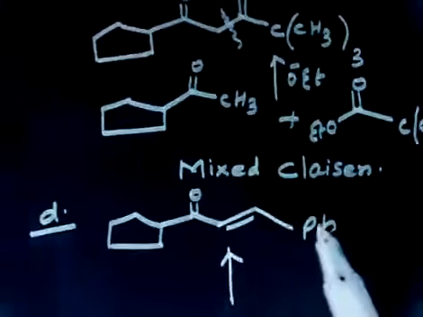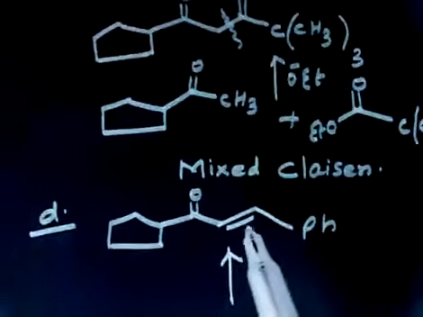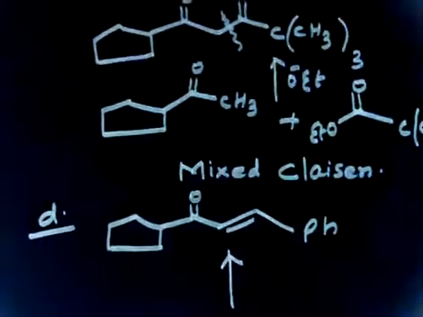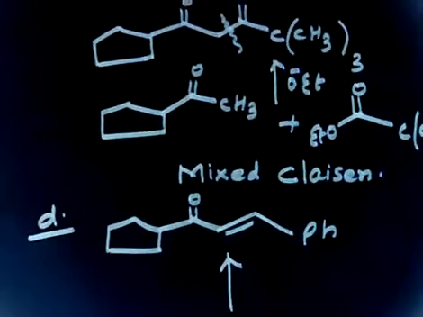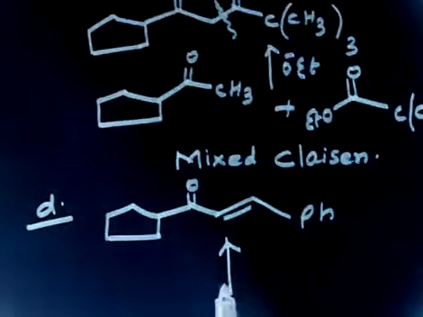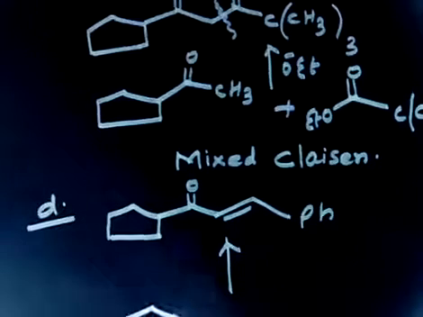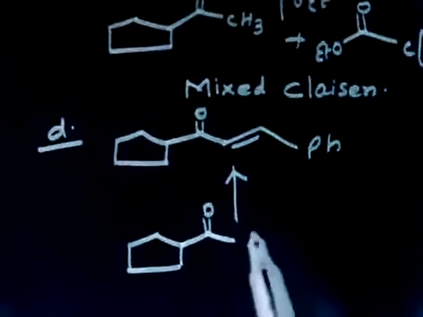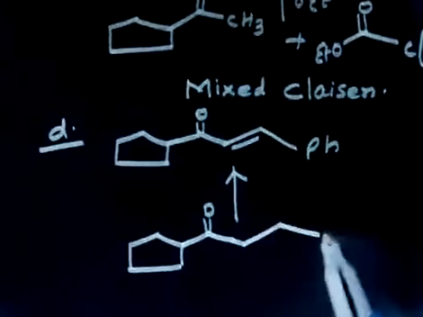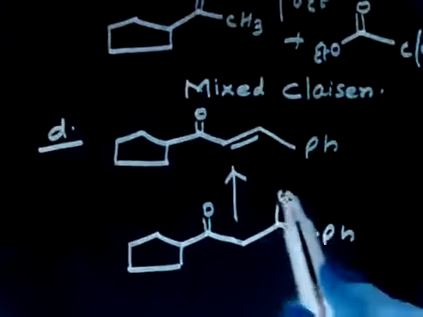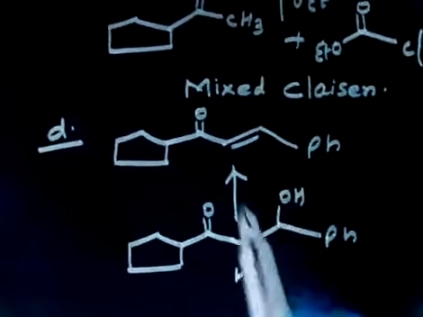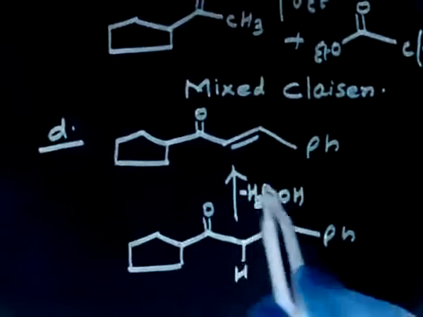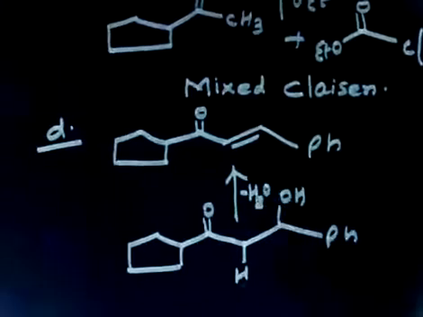There is a double bond, so you have to think in terms of alpha beta unsaturated carbonyl compound, which can be prepared from a beta hydroxy keto compound. So you can prepare this by dehydration: if you have OH here and H here, and if you release H2O, that is dehydration, if you simply heat, you will get this compound.